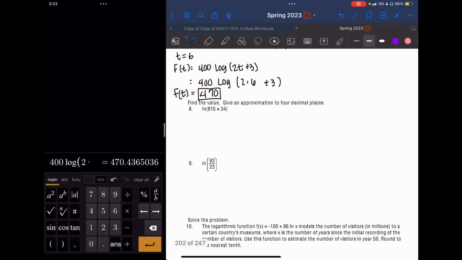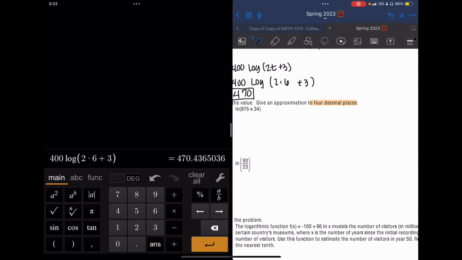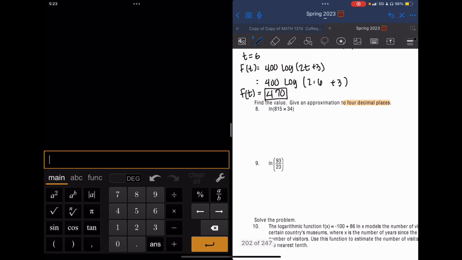Okay, so this is ln. It says find the value given approximation in 4 decimal places, and that's what we're going to do. So this is just more calculator. ln is a different button than log.